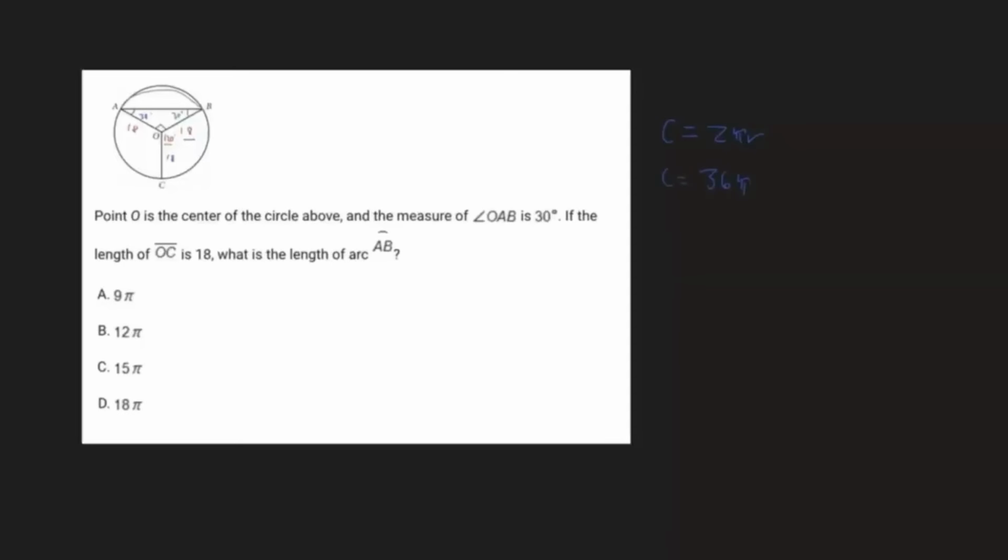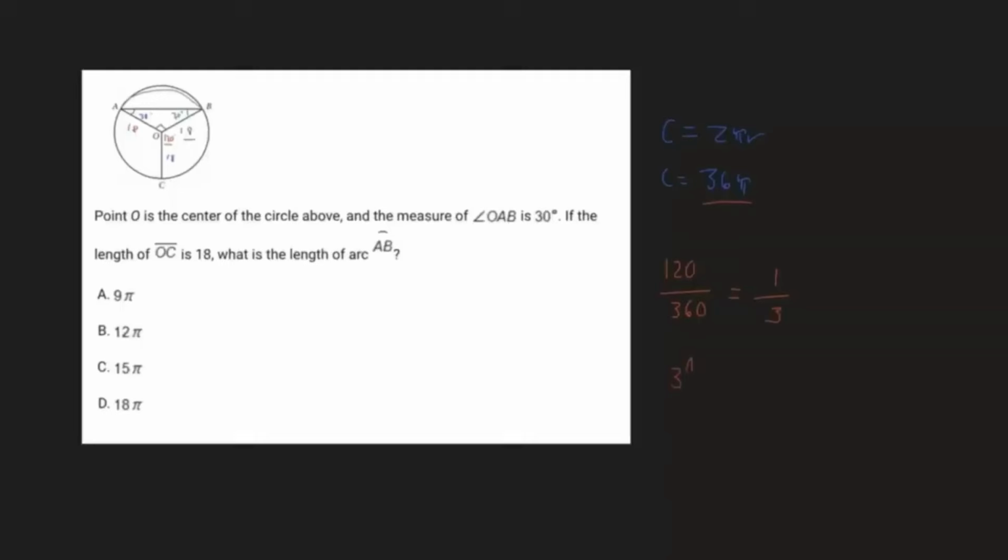And so in order to calculate the length of the arc, what we can just do is first find the ratio to scale it up. So we have 120 degrees over 360. That in itself is just 1/3, right? So what we want to do is just take 1/3 of that circumference, which we know is 36 pi.